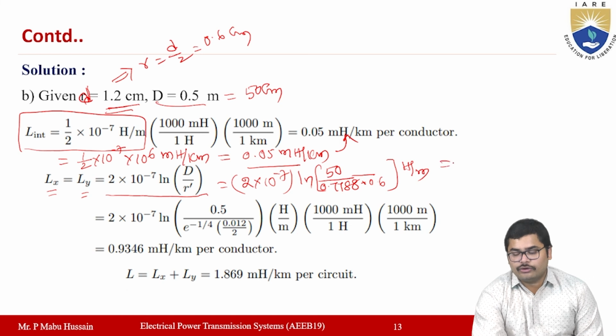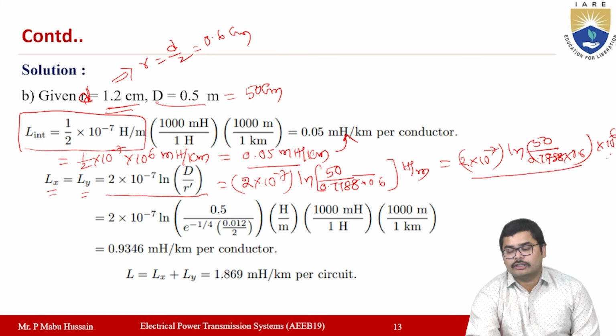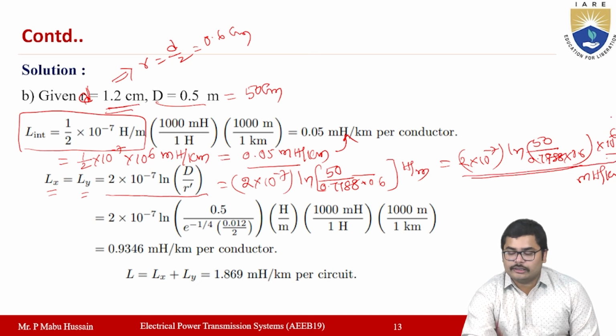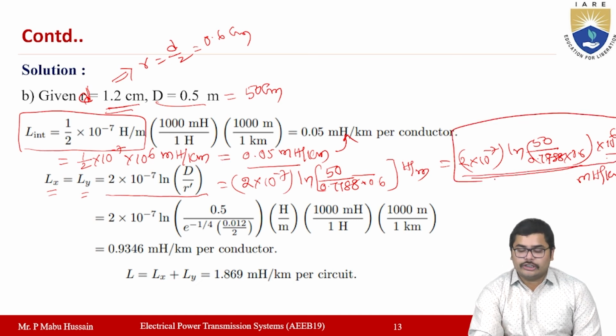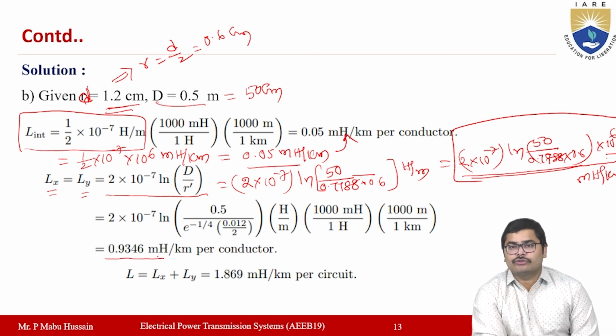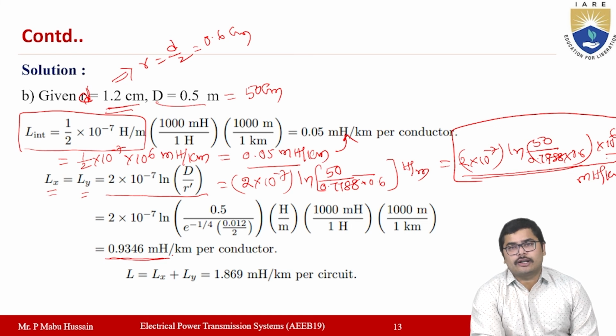Now if you multiply this total value, 2 into 10 power minus 7 ln 50 by 0.7788 times 0.6, with 10 power 6, then the units will be converted into millihenries per kilometer. Now you calculate this value with your calculator, and the inductance will be equal to 0.9346 millihenries per kilometer. So this is the value of inductance per each conductor.